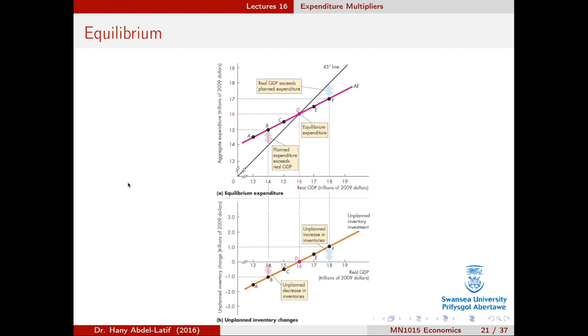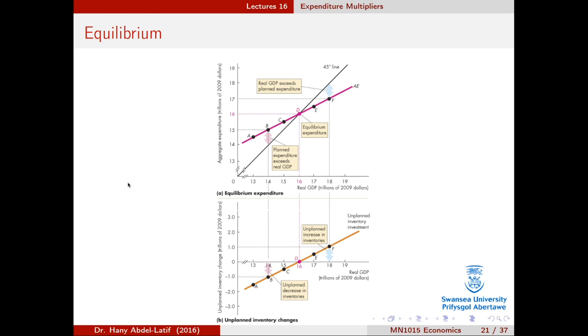Then the real GDP is above the aggregate expenditure, or in other words, the aggregate expenditure is less than the real GDP. Going back to the same example I gave, firms are not able to sell what they plan to sell. Okay? So what will happen? Now, they didn't plan for this, but that's what happened.